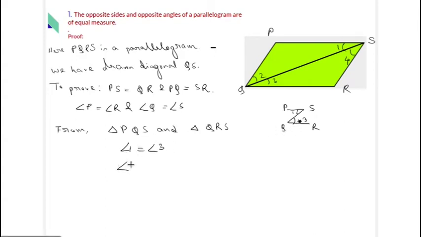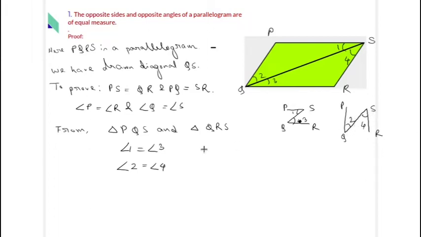Similarly, we can write angle 2 is equal to angle 4. How? If we draw it separately, this is PQ and this is SR and QS is the transversal. Okay, so this is angle 4, this is angle 2.